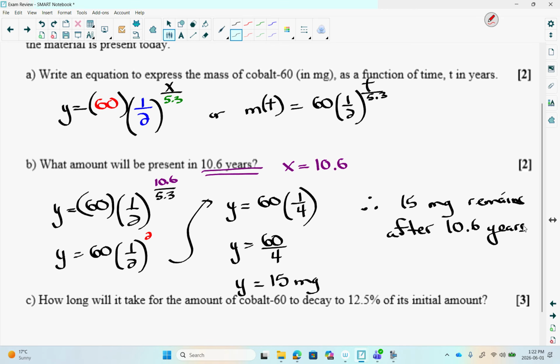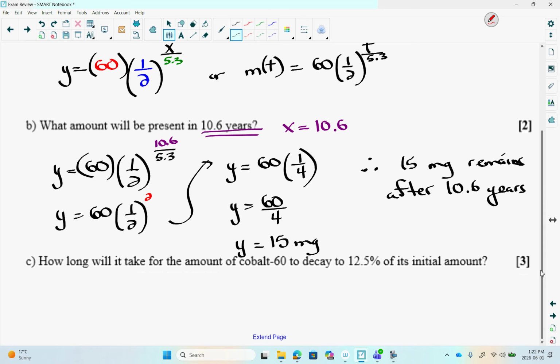Every 5.3 years. How long will it take for the amount of cobalt-60 to decay to 12.5% of its initial amount? What was the initial amount? 60. Of means multiply. And what's 12.5% as a decimal? Percent literally means per 100. That's what the 2 zeros represent.